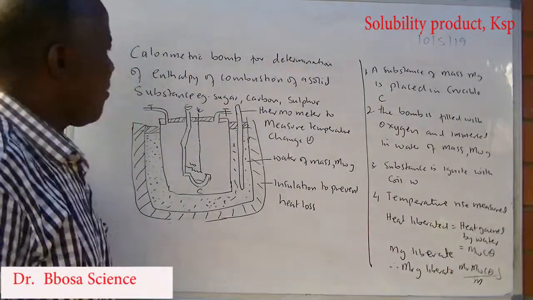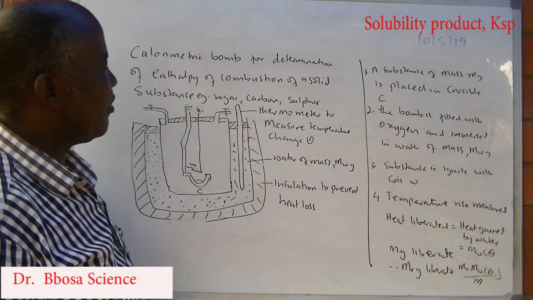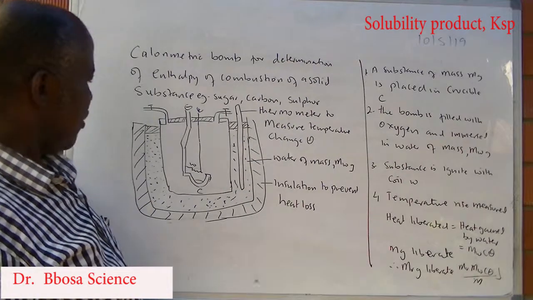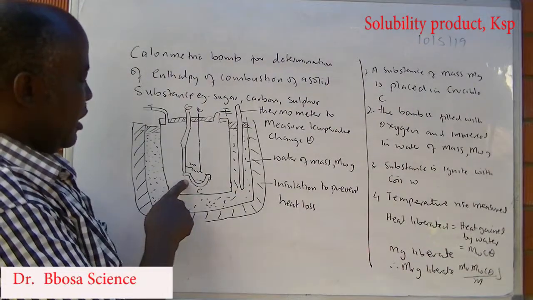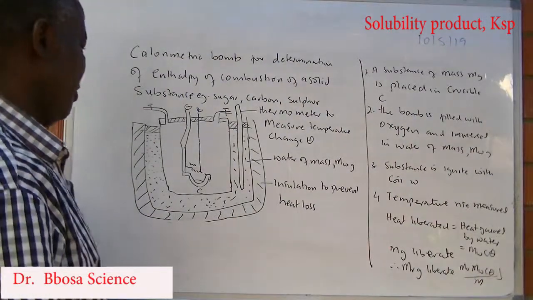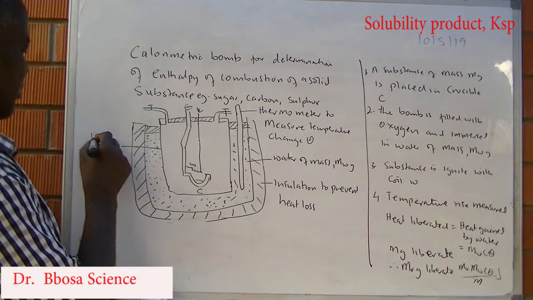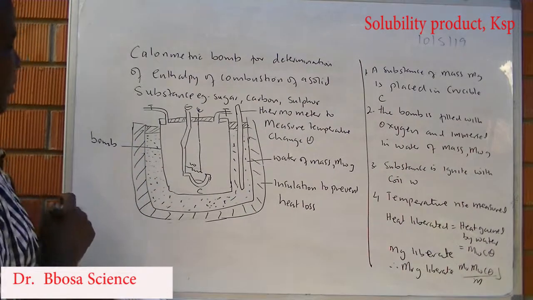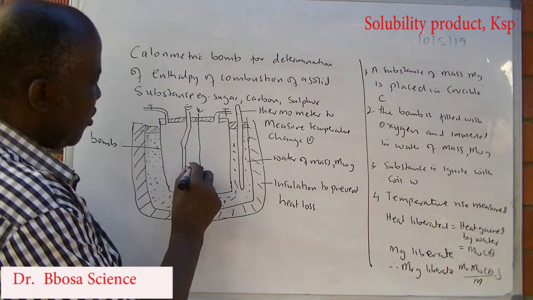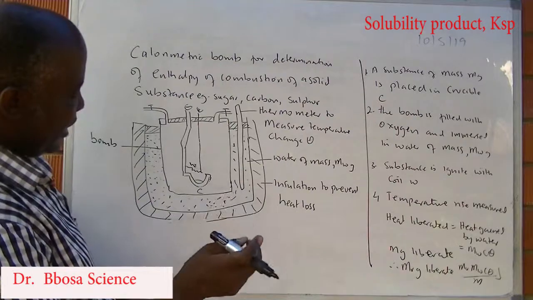Calorimetric bomb for determination of enthalpy of combustion of a solid substance, for example sugar, carbon and sulfur. So the substance is put in a crucible C. The bomb is filled with oxygen. This is the bomb. It is filled with oxygen, and the substance is ignited by the coil W. It burns and liberates heat.